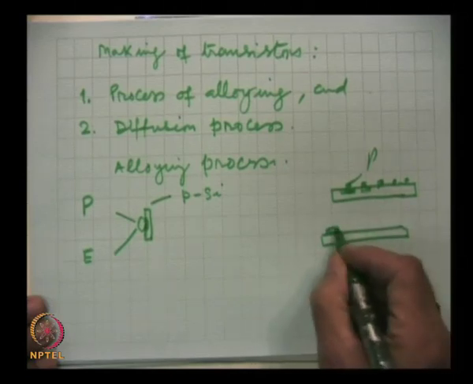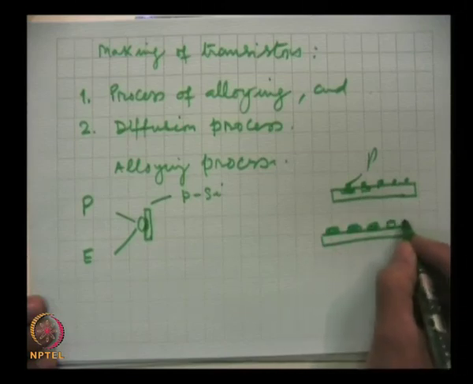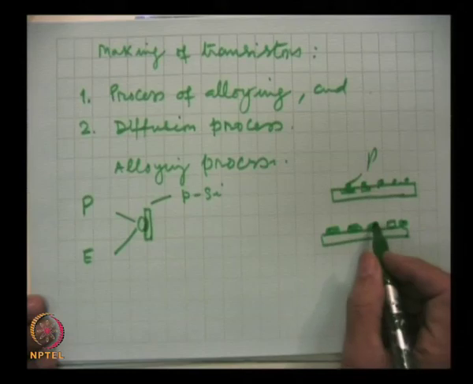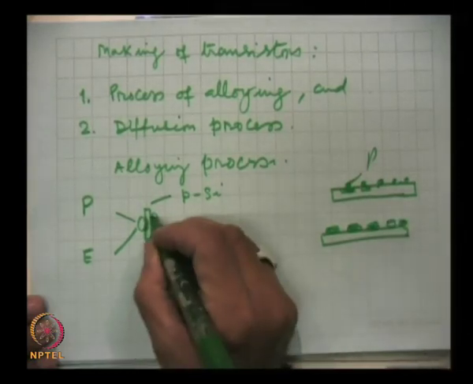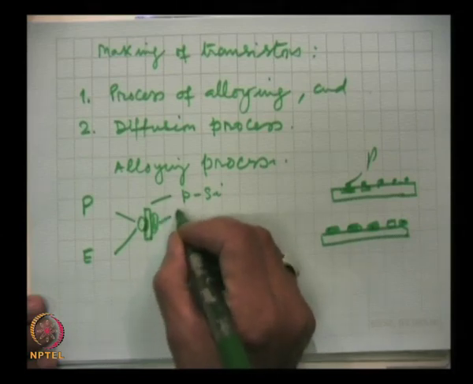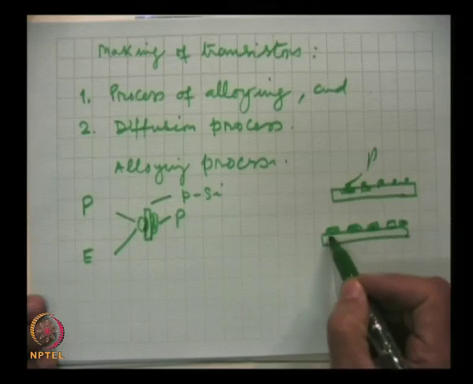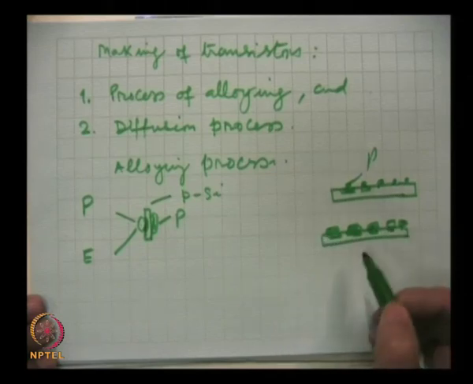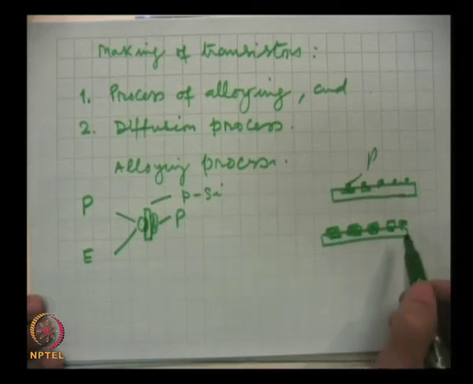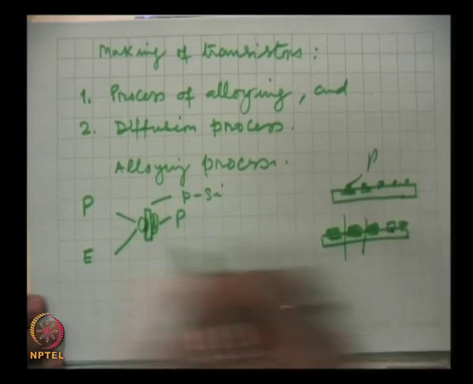When we reverse this side, then we put bigger pellets of phosphorus, and again we heat treat it. Here this is the larger pellet and this is again phosphorus, we heat treat it. So, it will diffuse and another N type semiconductor will be developed. And this we cut ultrasonically.